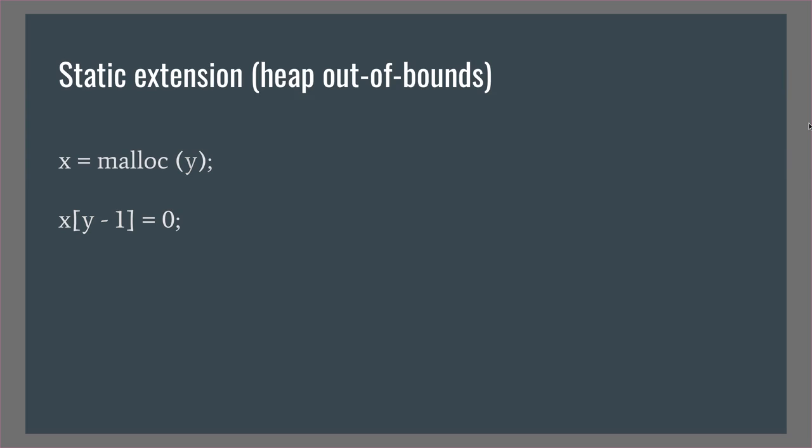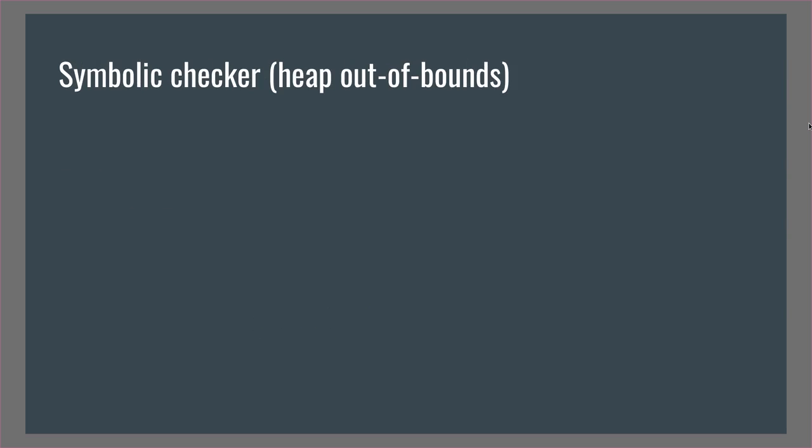And it does this, as we saw before, by walking through the AST and keeping track of information. On the first line, it saves the size of x to be y, and on the second, it saves the index size off of x to be y-1. At the end of the path, it sees that there's a dependency between y and y-1, so it marks this path as suspicious and sends it along to the symbolic execution phase.